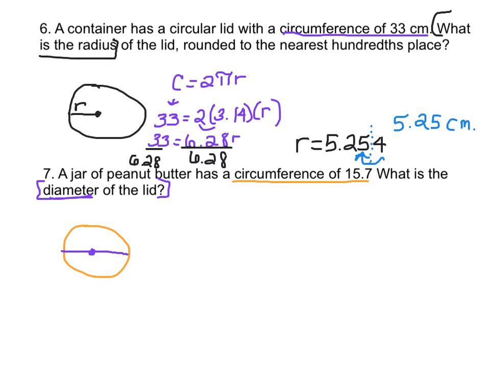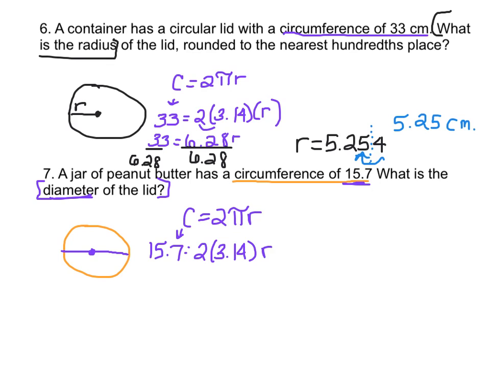So first, as always, since I've got circumference, I'm going to go ahead and write my formula, C equals 2 pi r. I'm given the circumference, so I'm going to plug that in for C, 15.7. This is going to equal 2 times 3.14 times the radius.